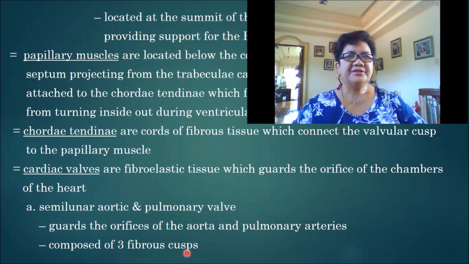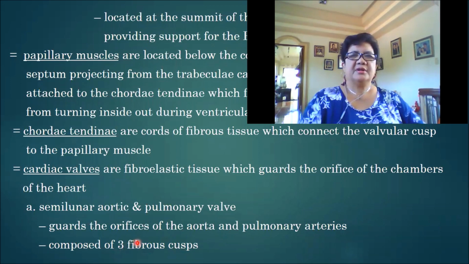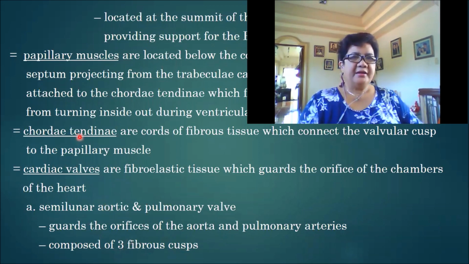Then you have another structure, which is your papillary muscles. These are located below the commissure of the atrioventricular valves, projecting from the trabeculae carneae or the ventricular wall, and are attached to the chordae tendineae, which function to prevent the valvular cusps from turning inside out during ventricular contraction by contracting also.